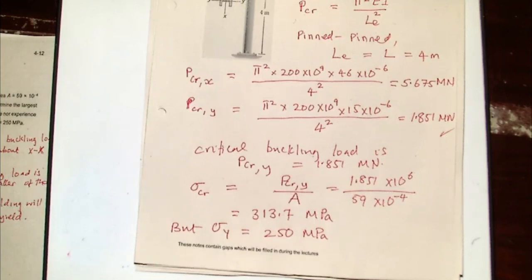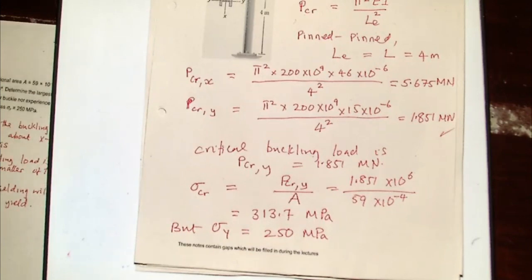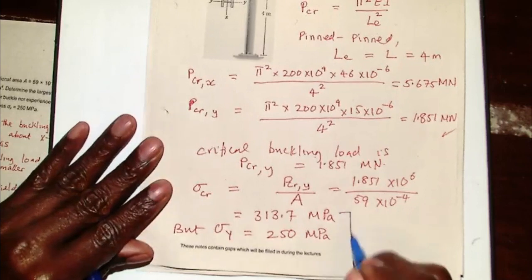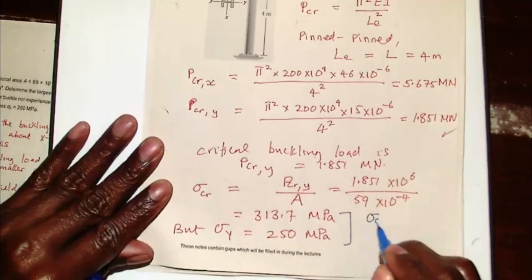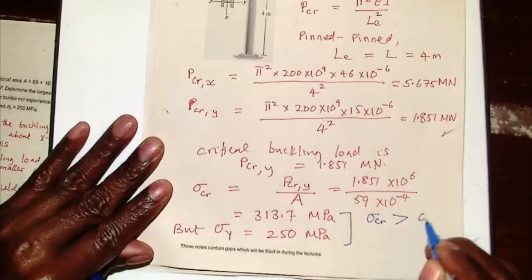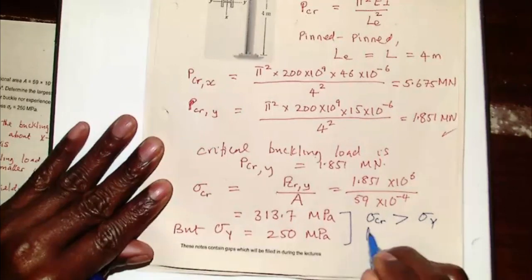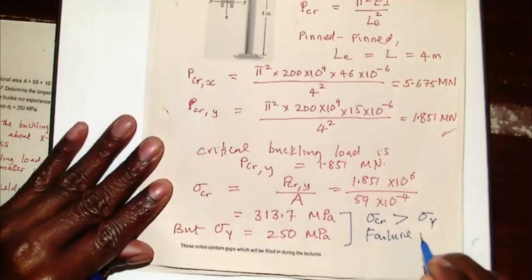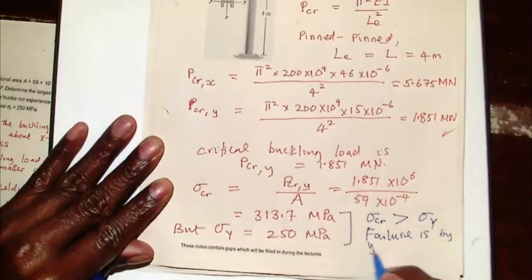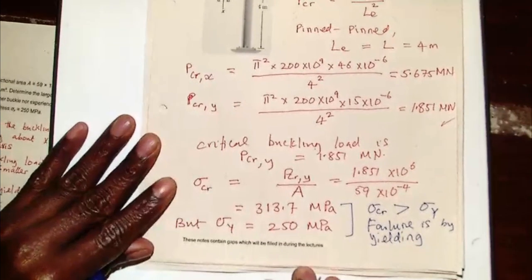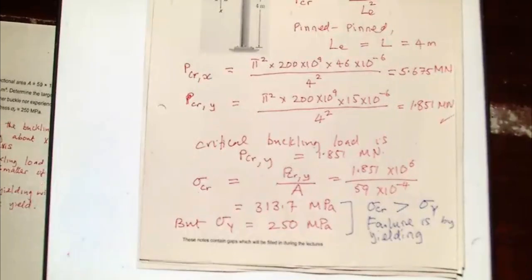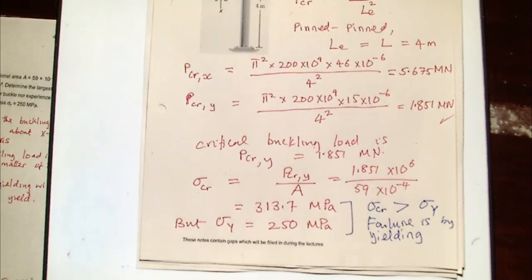So in this case, that structure will not buckle, but it will fail by yielding. Because that is greater than your yield stress, failure is by yielding, because you will never get to 313 megapascal. You will get to 250 megapascal first before you get to 313. Therefore, it will fail by the second mode there.